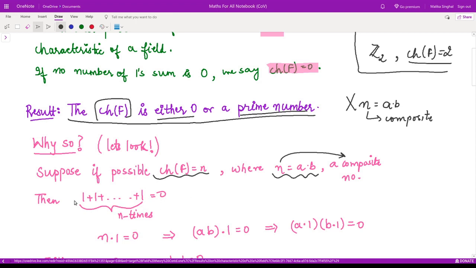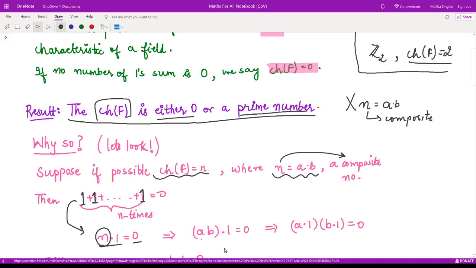That means you can write n into 1 is equal to 0. That simply means that you just have to add these ones n times, right?